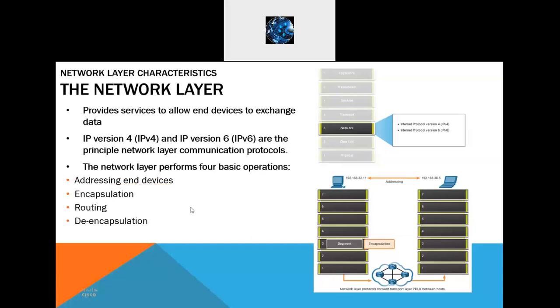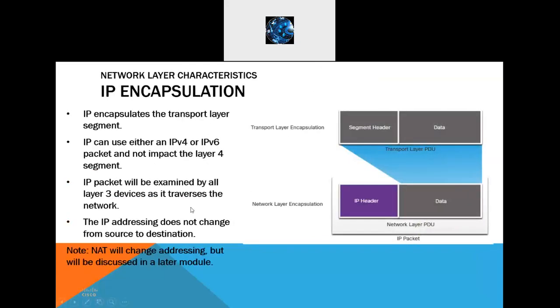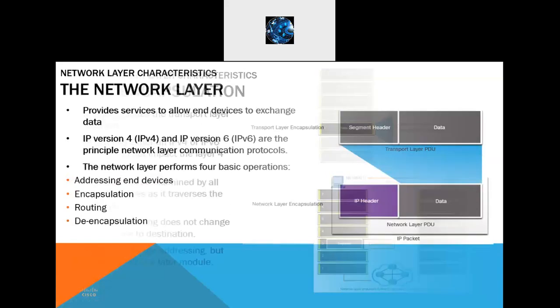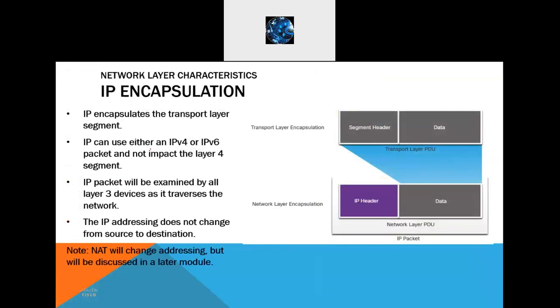So let's move on. Look at what they are saying here about layer 3. IP encapsulates the transport layer segment. I told you the journey will start from layer 7, to 6, to 5, to 4 and then to 3.